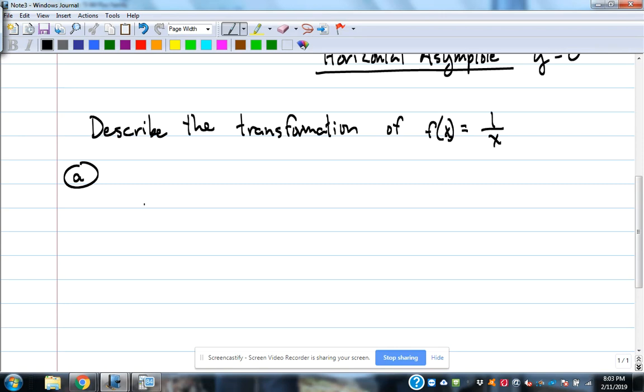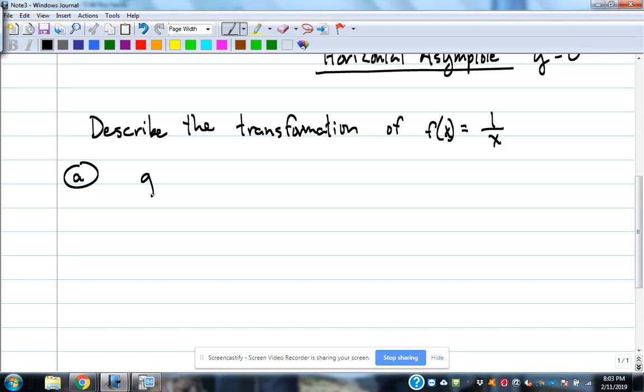So we're going to say, did this move to the left 4, up 6, something like that? Horizontal compression, vertical compression. Remember, things that happen vertically happen on the outside. Things that happen horizontally happen on the inside. When I say outside, I mean not in the fraction. If I say inside, I mean in the denominator of that fraction.